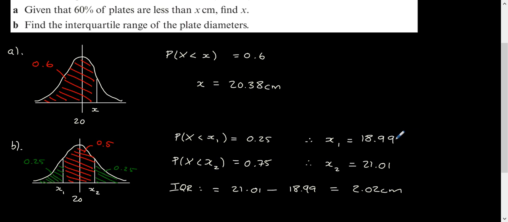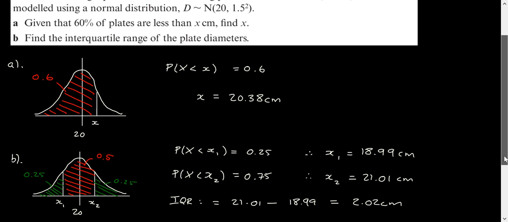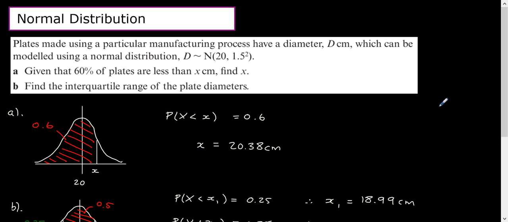You get the two values at once, 18.99 and 21.01, okay? And then obviously you do need to do the last part, which is to subtract one from the other. Now you don't need the centimeters necessarily here because they're part of the working, but you certainly do at the end. So that's how to use your inverse normal function on your calculator, and that's when you need to use it.